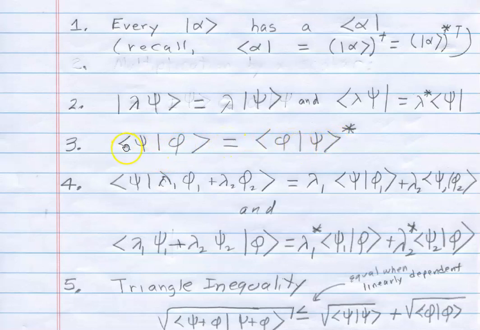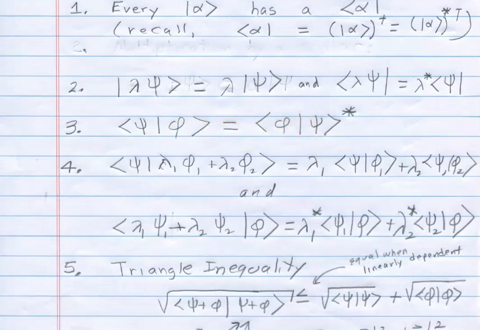That turns into a number, just like an inner product, which is generally a complex number. And if I reverse the order and do psi and phi, then this complex number, it turns out, is just the complex conjugate of this one. So that's another relation that we may show a little later.